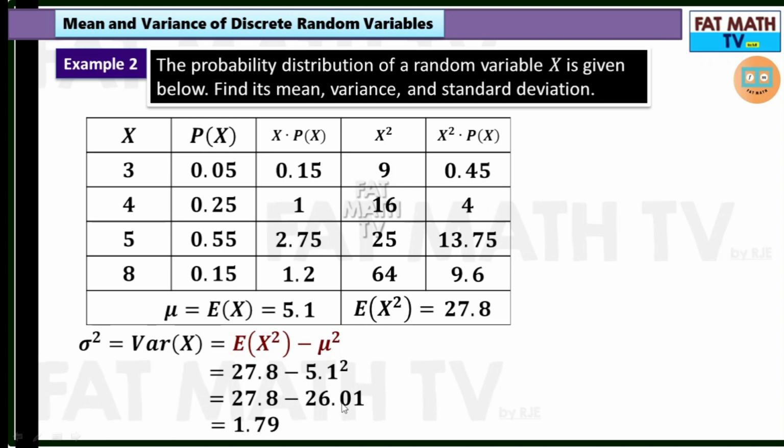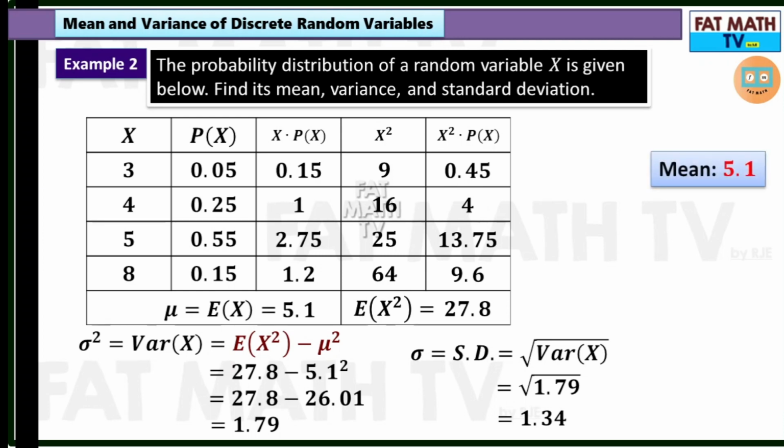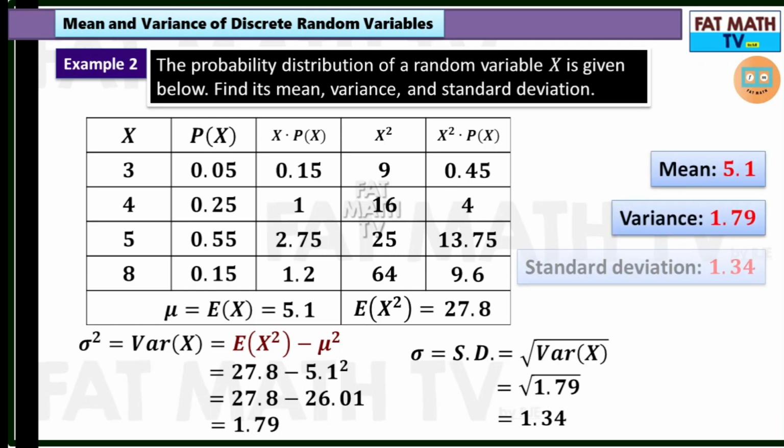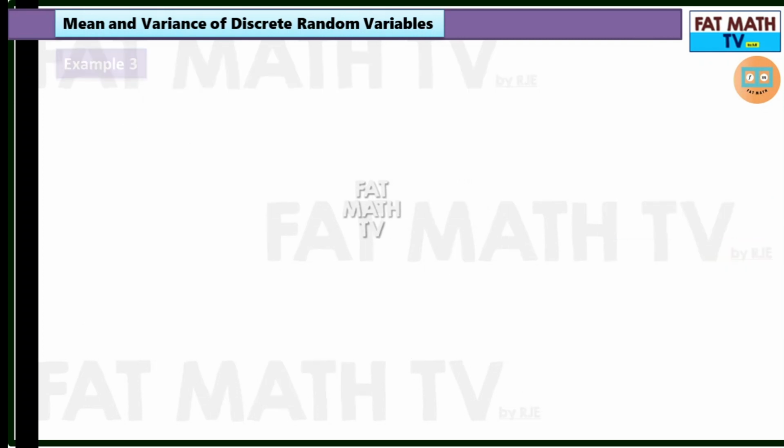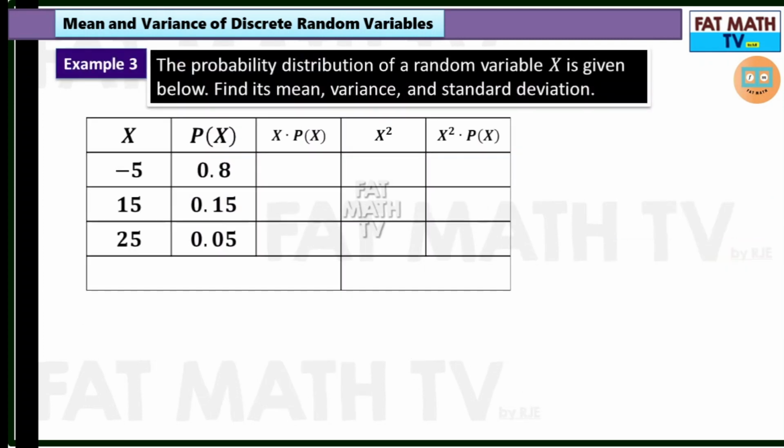That will give you 1.79. For the standard deviation, square root of 1.79, 1.34 when rounded off to the nearest two decimal places. So mean 5.1, variance 1.79, and standard deviation 1.34.